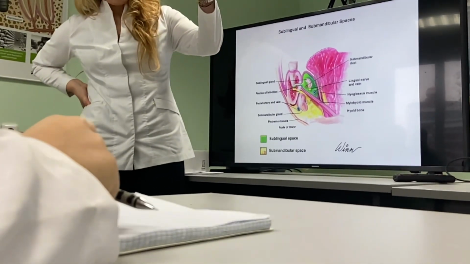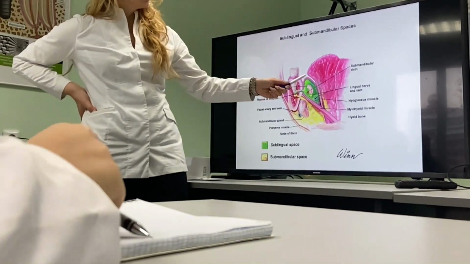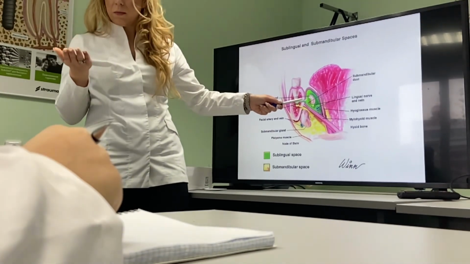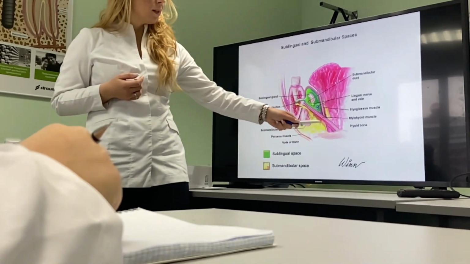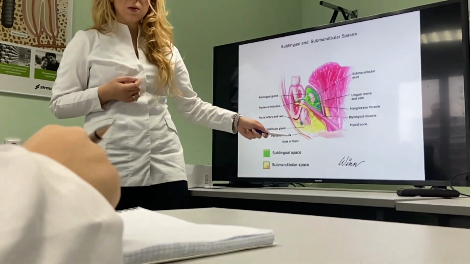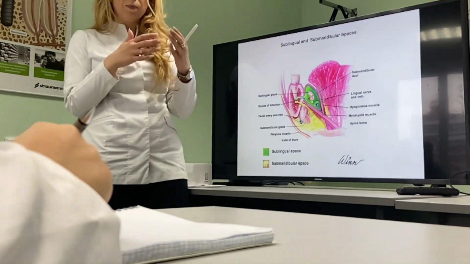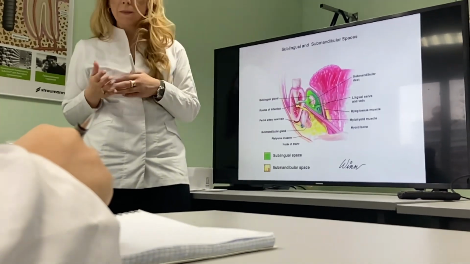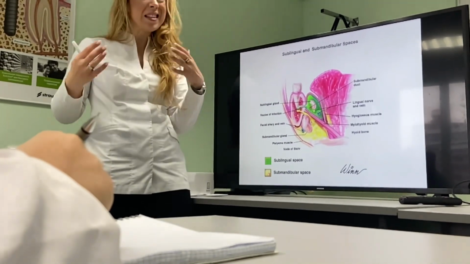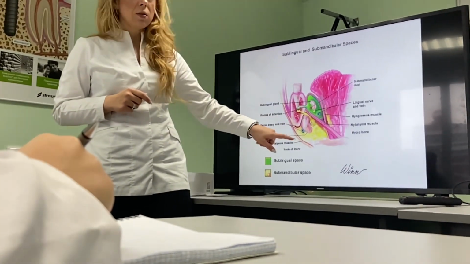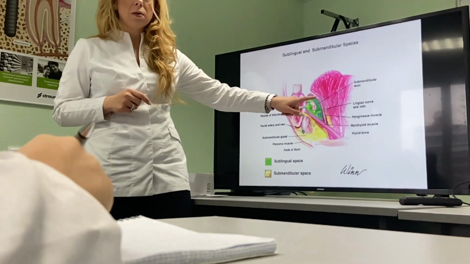Now, superficial and deep. This is the superficial position to the mucous membrane, but this is more superficial to the skin. These two areas will be superficial and deepest according to position. It has the same structures because it's superficial to the skin but deepest to the mucous membrane.